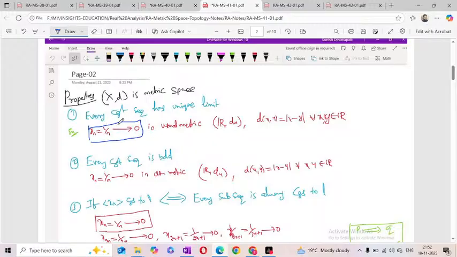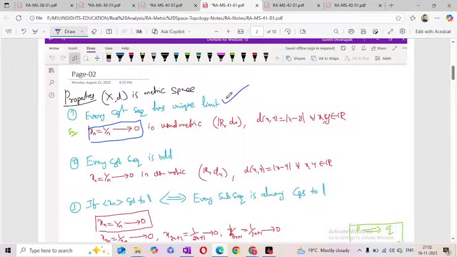In the usual metric this 1 by n tends to 0. That means in real analysis every convergent sequence has a unique limit point. The same will work in a metric space also, because the usual metric is one type of metric. So every convergent sequence always has a unique limit point.